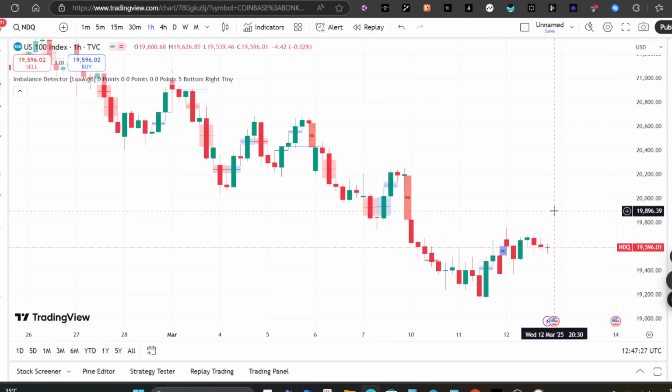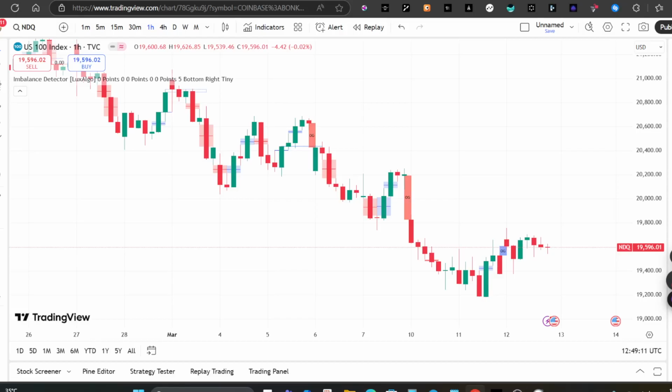These imbalances happen when one side of the market, either buyers or sellers, takes control, leaving behind inefficiencies in price action. Think of it this way: when institutions or large traders place massive orders, they don't always get filled instantly.